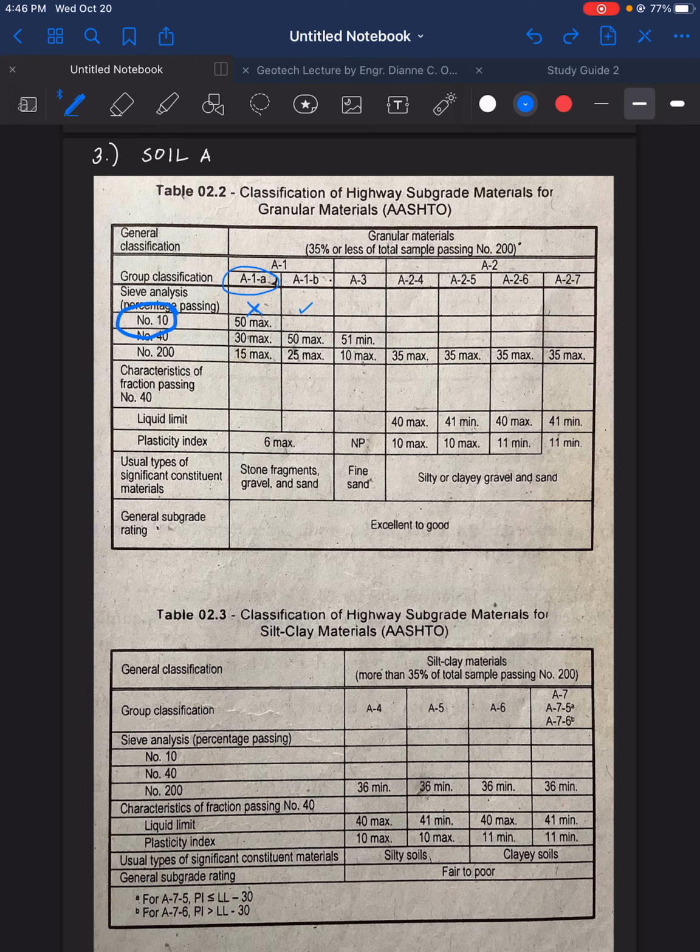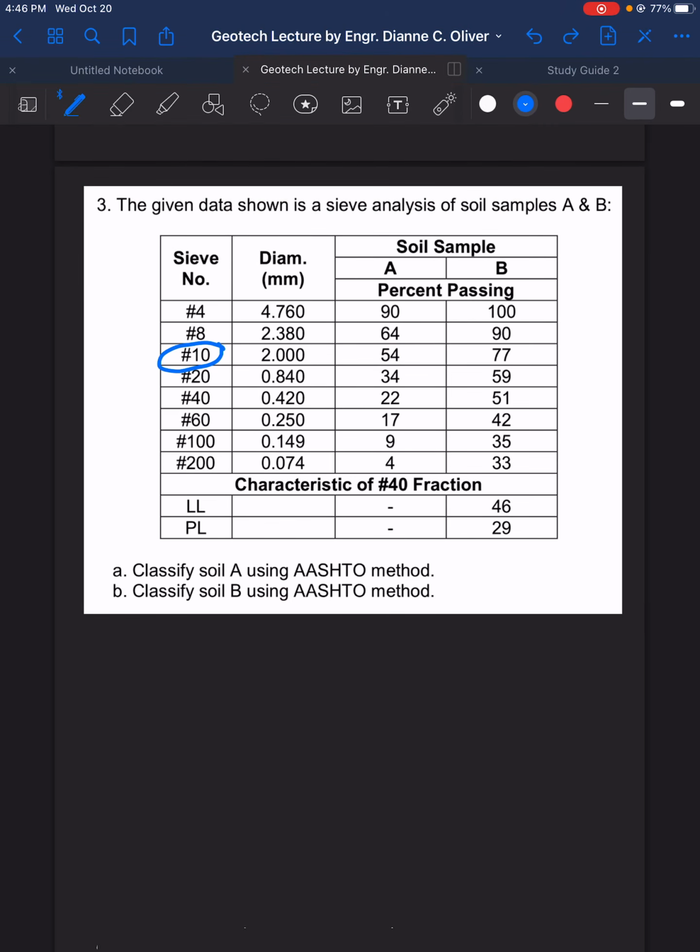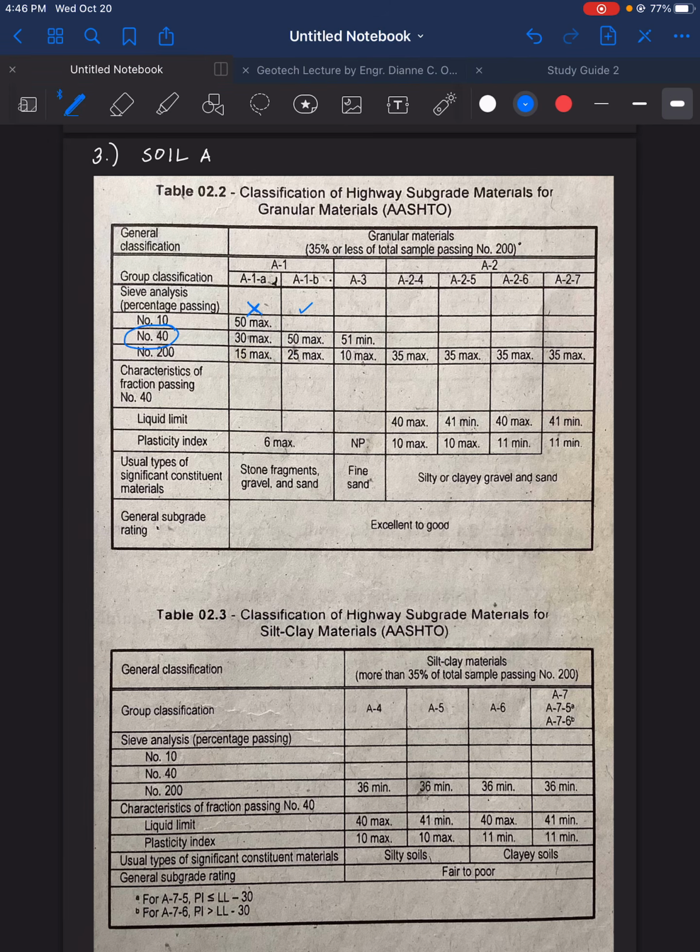Okay? Now, after number 10, the next one here is number 40. Let's go to number 40. Percent passing is 22. Let's go there. So, does 22 satisfy the condition 50 max? Yes.